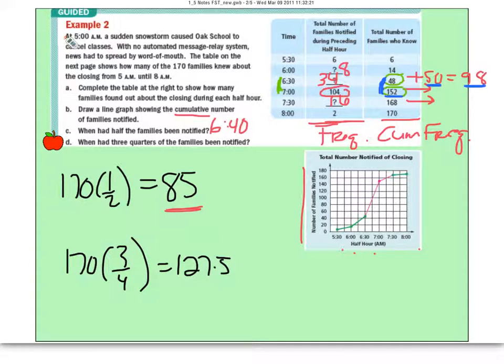So maybe if we add another 25 or so, kind of cutting from 6:45 to 7 o'clock in half, maybe we would say they were communicated to at about, I don't know, 6:55, 6:50, somewhere in there. You just need to recognize if at 6:45, 98 families were communicated to, and this is at 7 o'clock, 127 falls somewhere in between those two values.